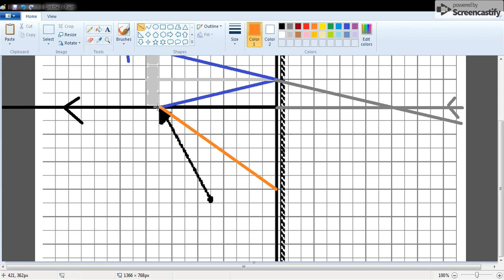Don't count from here, you don't have enough room. If you go all the way up here, here's the normal. We are 1, 2, 3, 4, 5, 6 squares down. So if I go back to where this normal is, I can go down 1, 2, 3, 4, 5. I went off screen. I don't have the room for it.